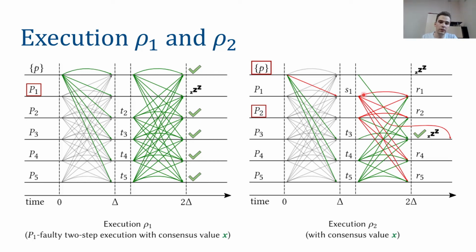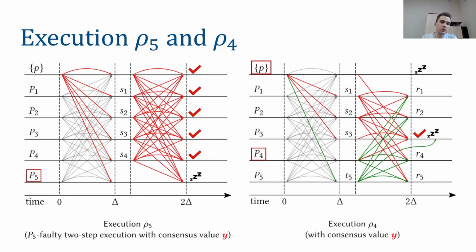Finally, we delay messages from group P1 to group P3 so that they arrive already after the end of the second round. Hence, as can be seen on the slide, the set of messages received by group P3 is identical in executions row 2 and row 1, which means that these two executions are indistinguishable for this process, and they must decide the same value x after the second round.